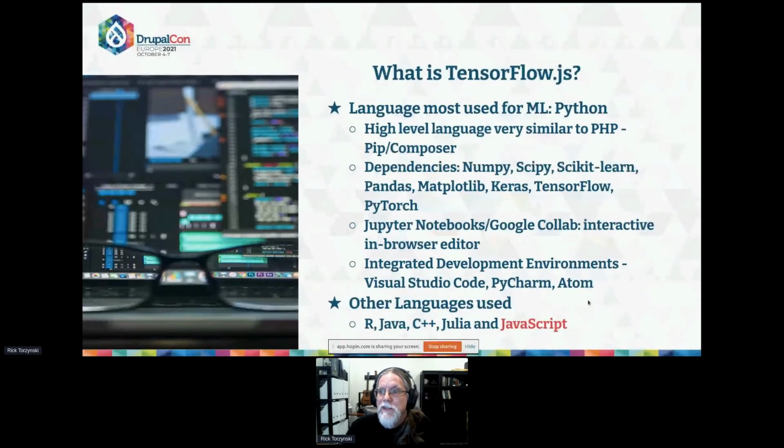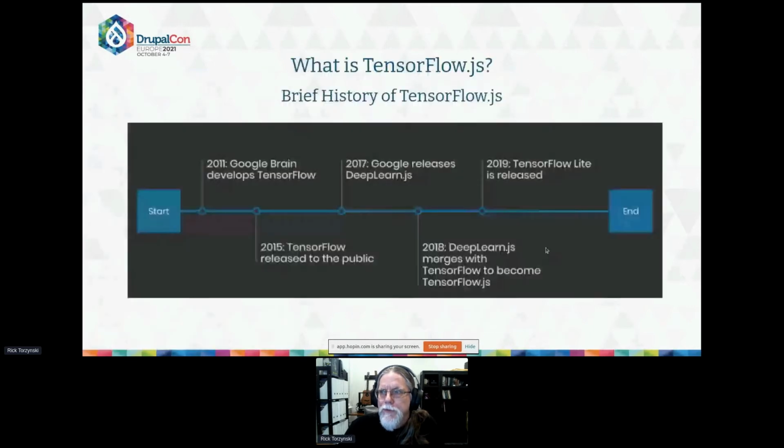And again, this is kind of game changing, because it really opens it up. It's still helpful to know Python, but with JavaScript you can do a lot, because a lot of times you don't need to do necessarily the training. I'll talk about that later, but it just makes it a lot more accessible to more developers.